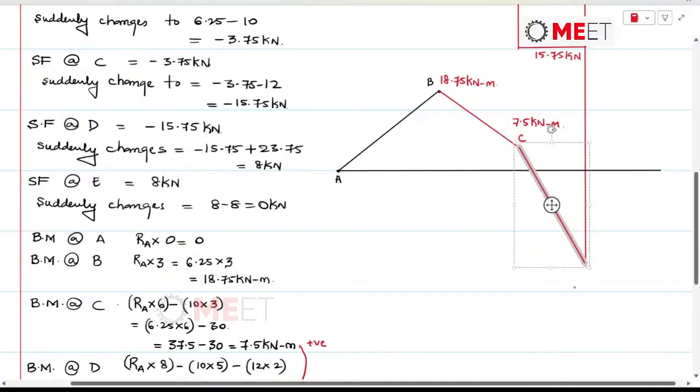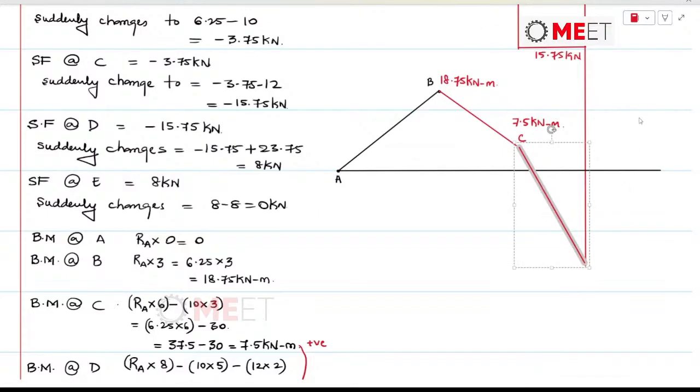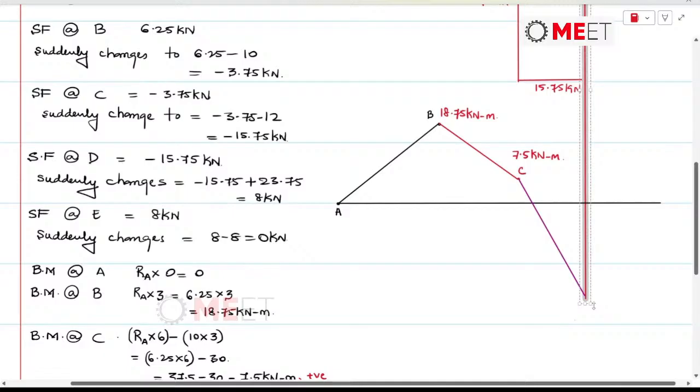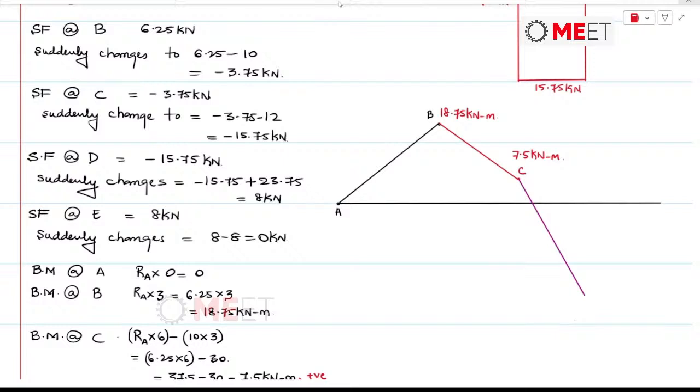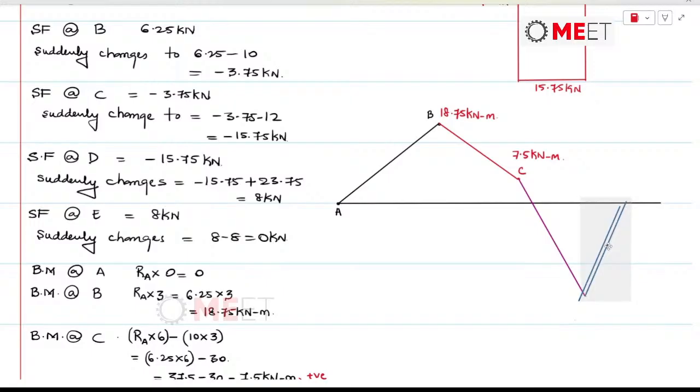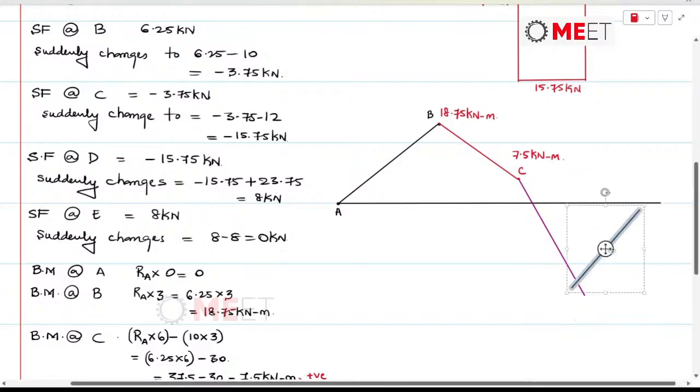Let's say this is 24 kilonewton meter, and let me highlight it with a different color, and let me take this line back. This is bending moment at D, and finally at E point the bending moment is becoming 0. So this will be the BM diagram.